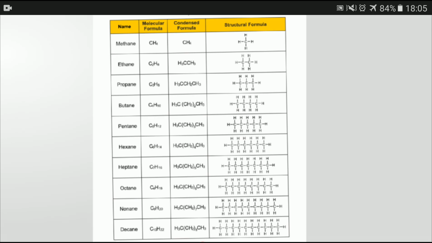In propane, 3 carbon atoms, and 2n+2, 3 into 2 is 6, plus 2 is 8 hydrogen atoms. In butane, 4 carbon atoms, pentane 5, hexa for 6, hepta for 7, octa for 8, nonane 9 carbon atoms, and decane, deca for 10 carbon atoms.